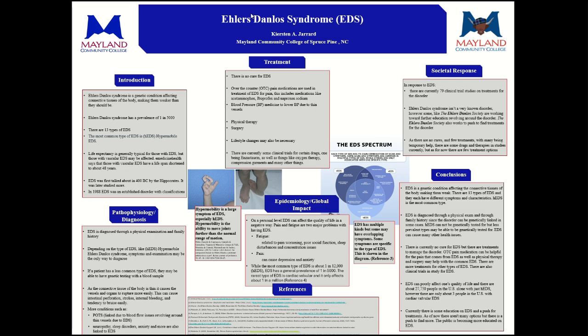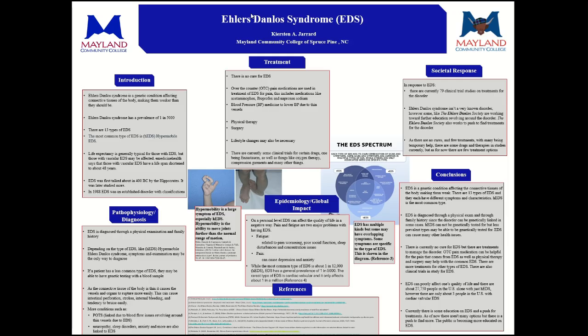EDS has a general prevalence of about 1 in 5,000, and about 1 in 12,000 individuals are affected by hypermobile EDS. About 1 in 30,000 are affected by classical EDS, as well as about 1 in 30,000 for classical-like EDS.